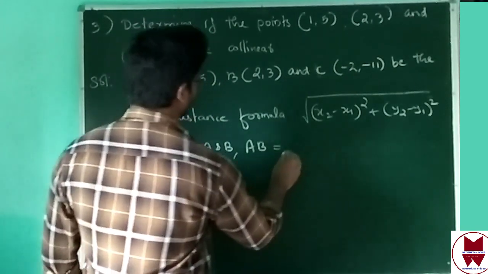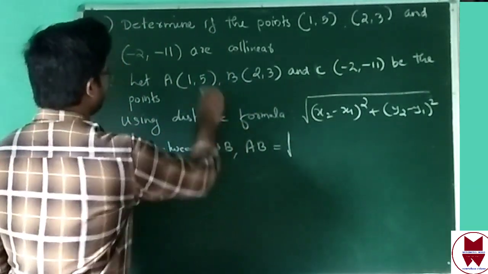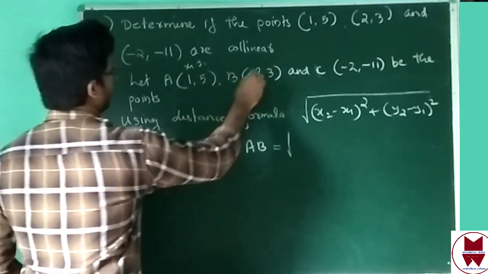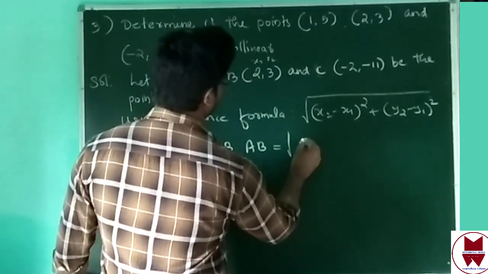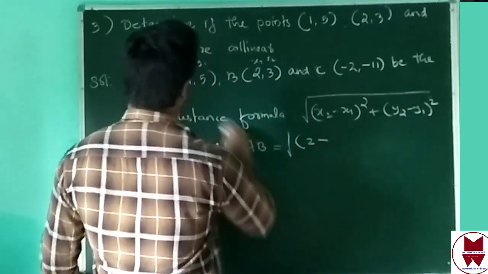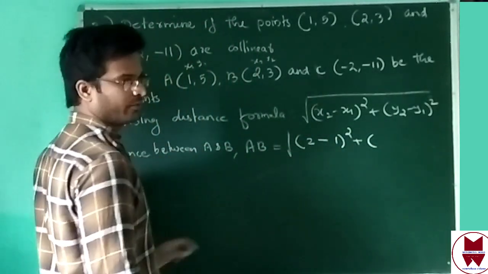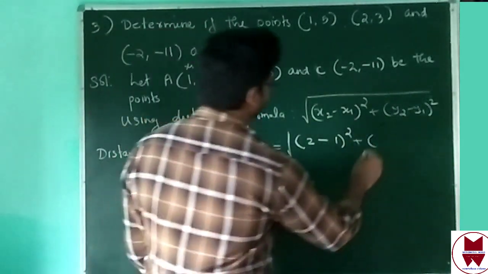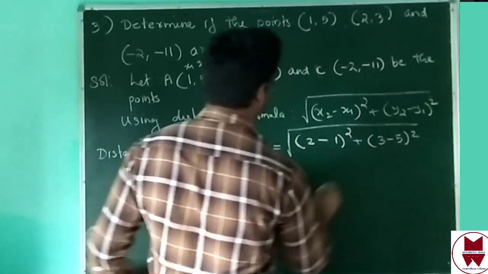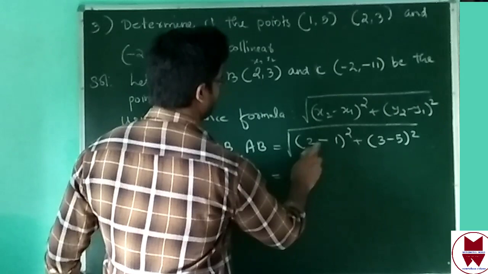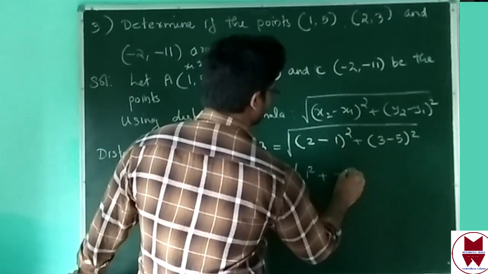AB equal to square root of, consider points A and B. That time x1, y1, x2, y2. x2 minus x1, that is 2 minus 1, and y2 minus y1, that is 3 minus 5. 2 minus 1, 1 square, plus 3 minus 5, minus 2.